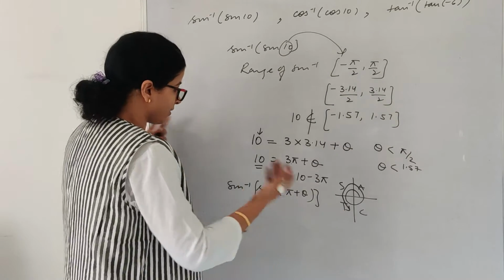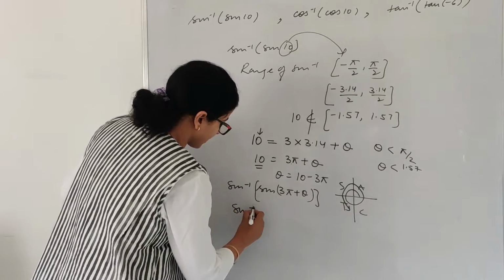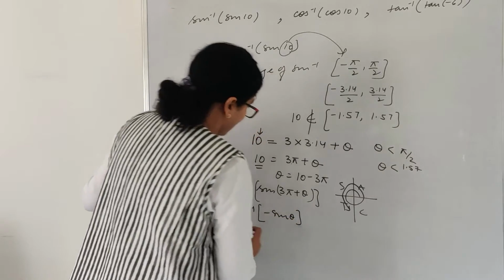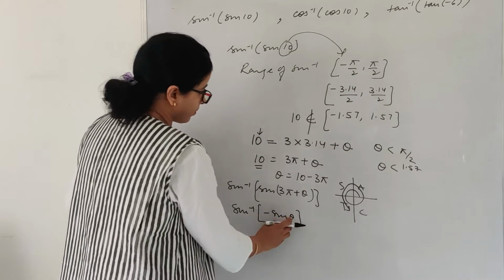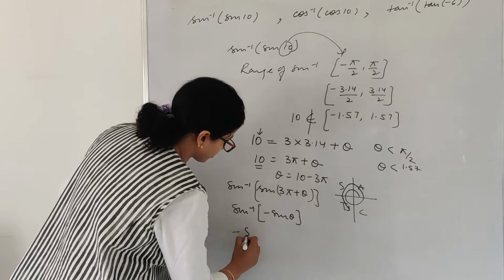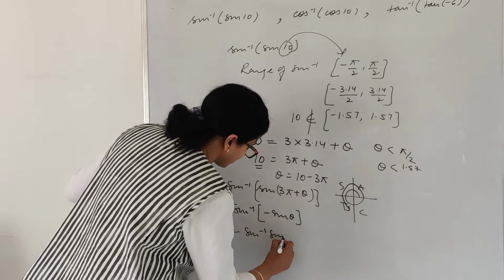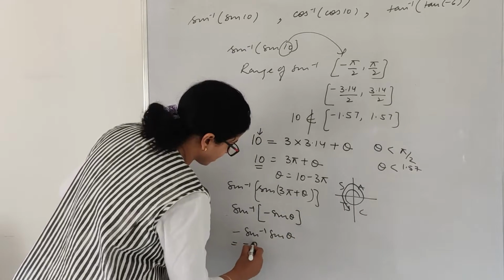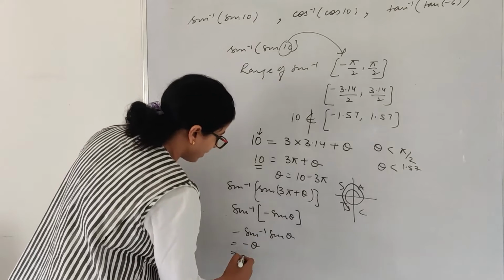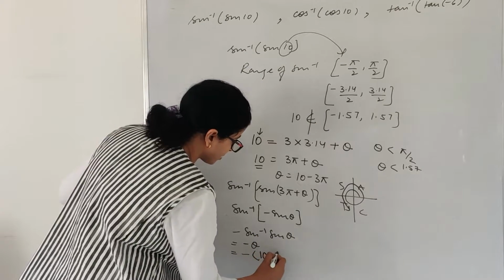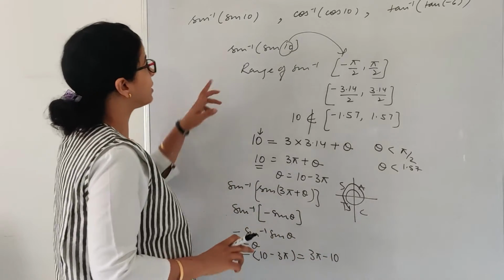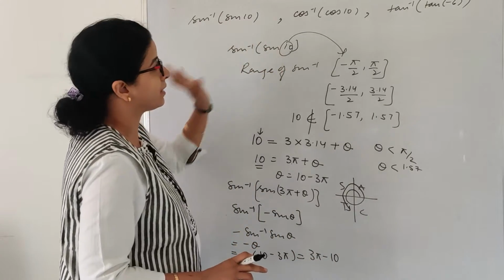In the third quadrant sine is negative, so sine inverse of minus sine theta. Sine inverse of minus becomes minus of sine inverse sine theta, which is minus theta. The value of theta is 10 minus 3 pi, so minus of 10 minus 3 pi. Taking the minus sign inside, 3 pi minus 10 is the value of sine inverse of sine 10.